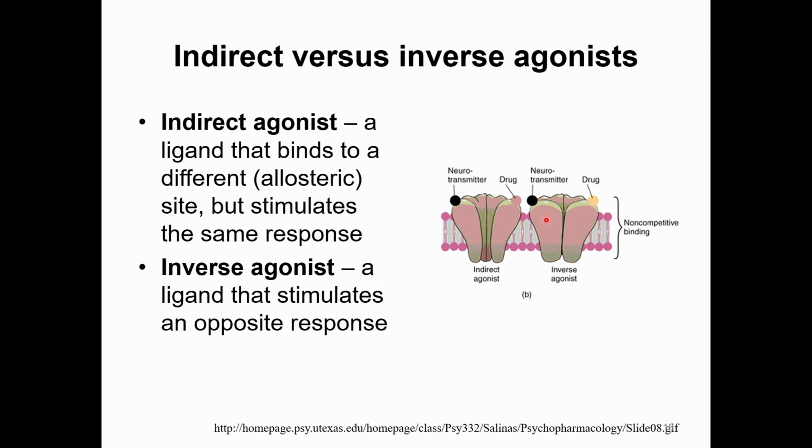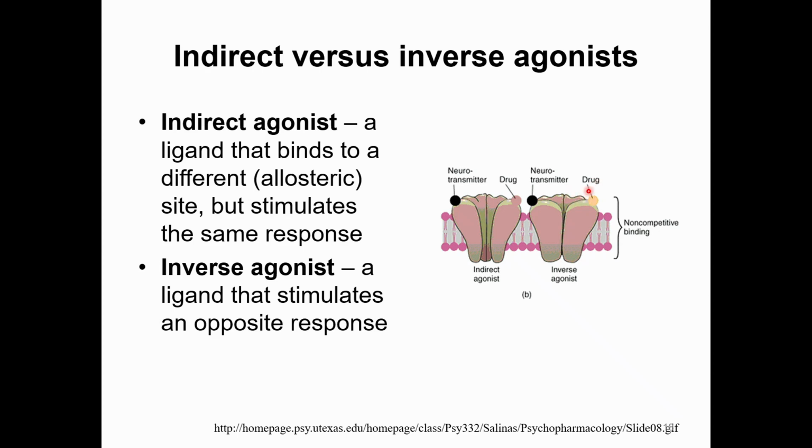Now, an inverse agonist is similar to an indirect agonist because it also binds at an allosteric site. But in this case, you have the opposite effect. It does the opposite of an agonist, basically. So here you have a real push-pull situation.